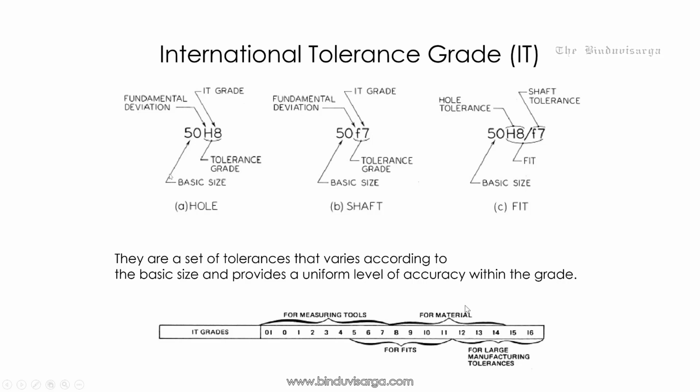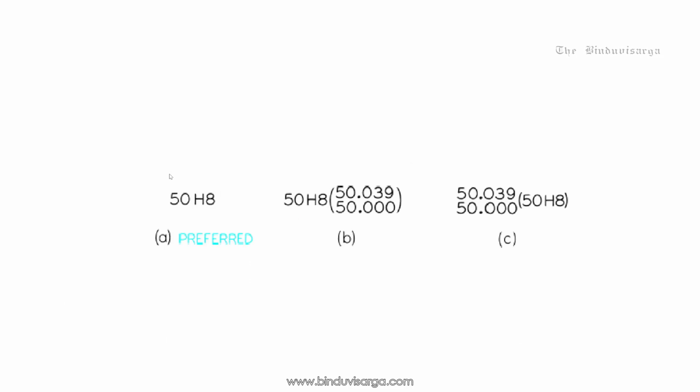There are a set of tolerances that varies according to the basic size and provides a uniform level of accuracy within the grade. Here we have a few more examples that you can decode.